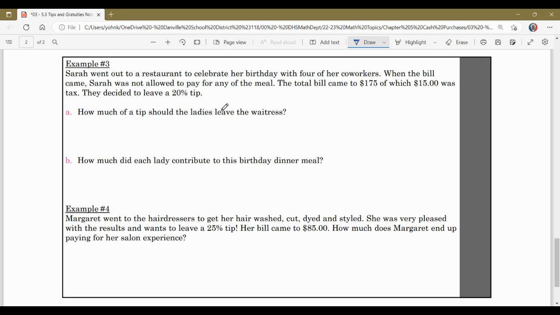Well, the tip is going to go on the pre-tax. So we're going to take 175 and subtract 15, and that gives me 160. So then I'm going to take 160 and multiply by 20%. This means we're going to leave a $32 tip.